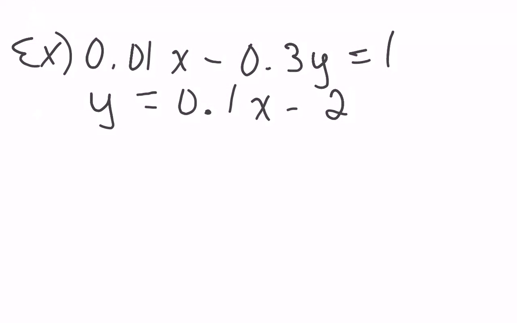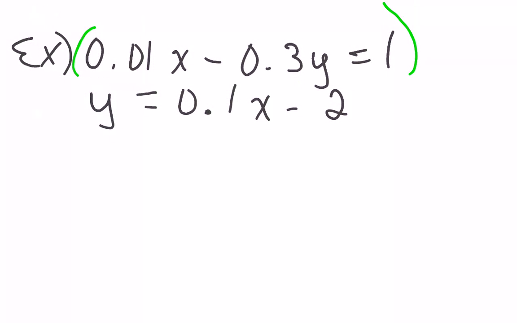So how do I make an equivalent equation here? Well, in looking at decimals, I have to look at where is the furthest place value in each one. So the first term we have 0.01, and then the second one we have 0.3. Now, 0.01, remember that's the hundredths place. 0.3 is in the tenths place.